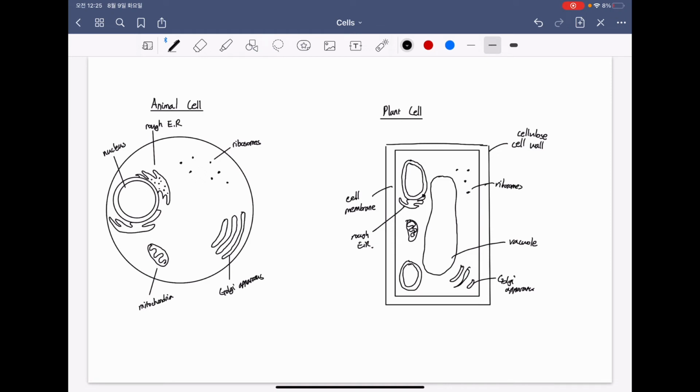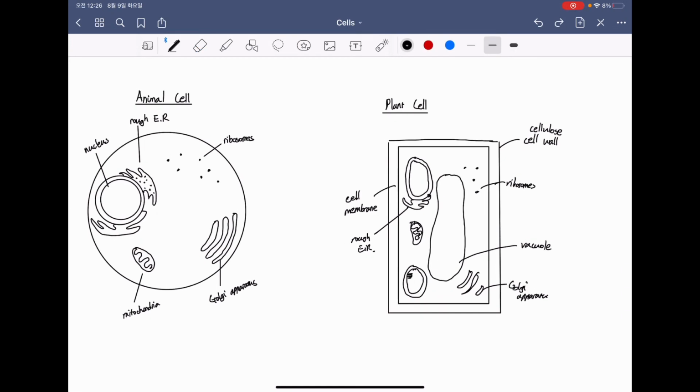It's also a double membrane organelle, but to differentiate it from the nucleus, let's draw some visible features of the chloroplast, which are called stromas. And this is how you draw a typical plant cell and a typical animal cell.